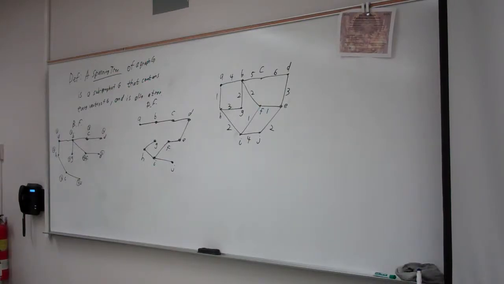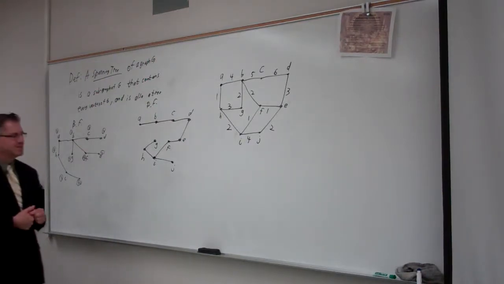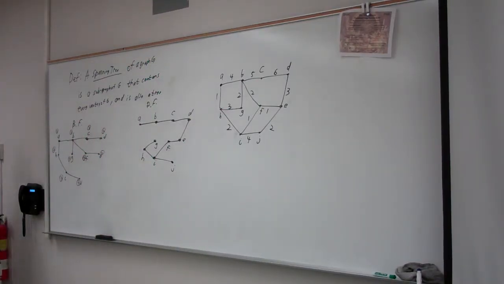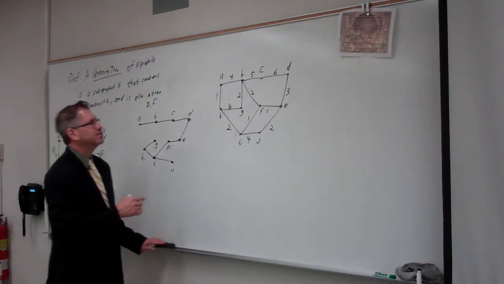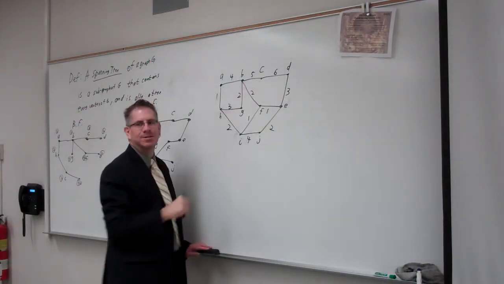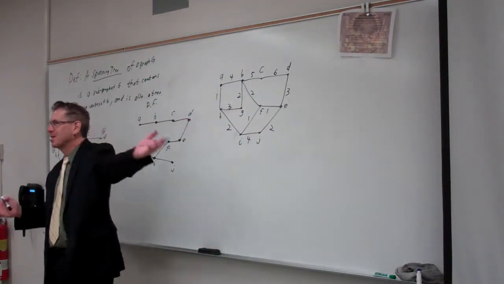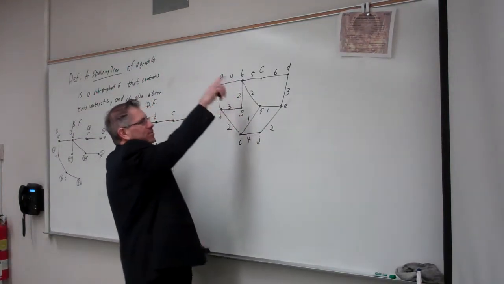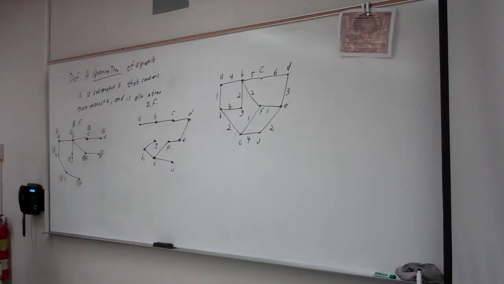A collection of edges that contains every vertex and is connected like a tree, but collectively has the smallest total weight. That's a useful question for things like communication networks, because it might be very expensive to communicate directly from B to C because perhaps there's a canyon or a river in the middle of them, whereas going through some other route might be more hops but might end up being lower cost.